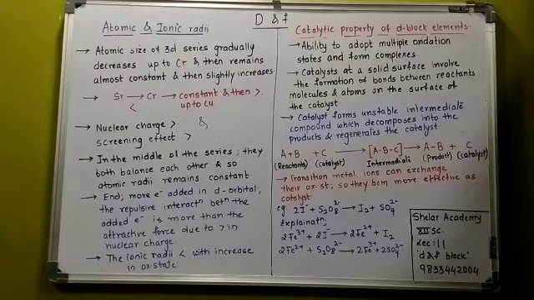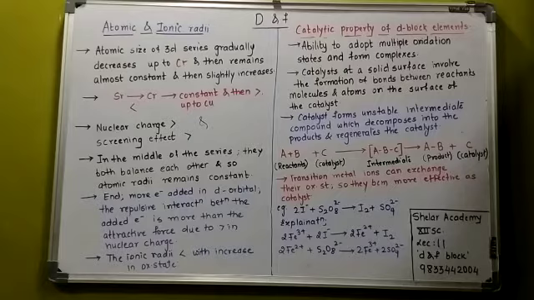The atomic size will gradually decrease up to chromium. Then it remains constant and then it slightly increases. This is the difference in the atomic size in the case of the d block elements. Now what is the reason for it?